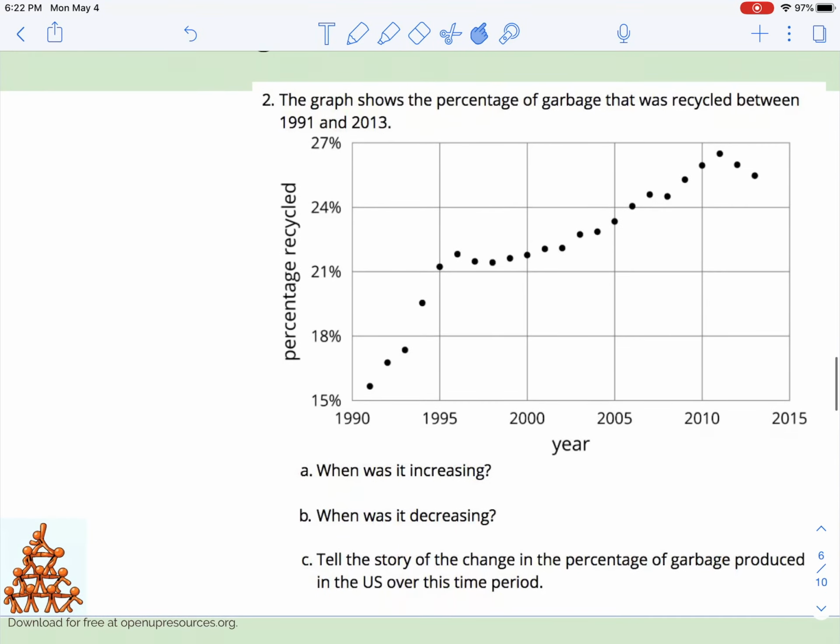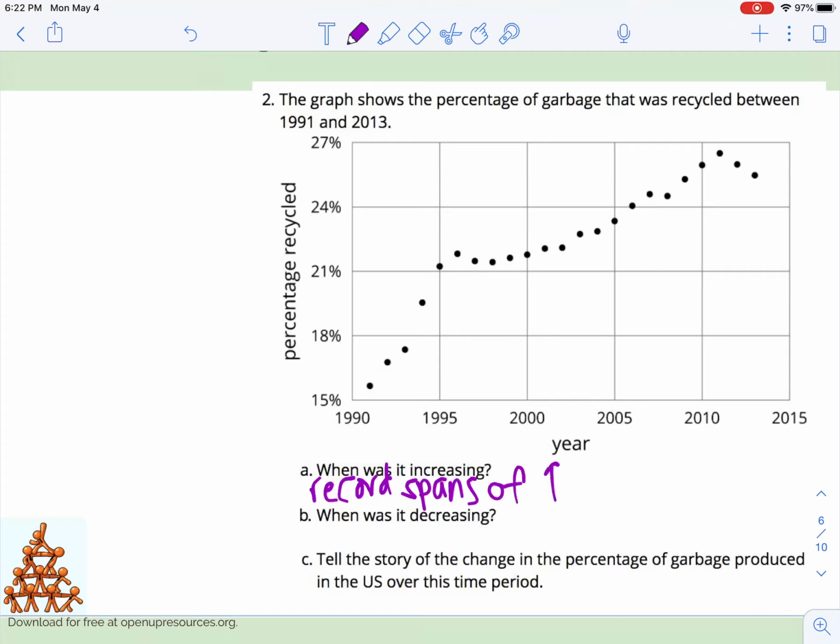Okay, what's going on with 2? The graph shows the percentage of garbage that was recycled between 1991 and 2013. A says, when was it increasing? So on your own, you're going to go through this whole graph and record spans of increase. And then for B, you're going to record spans of decrease.